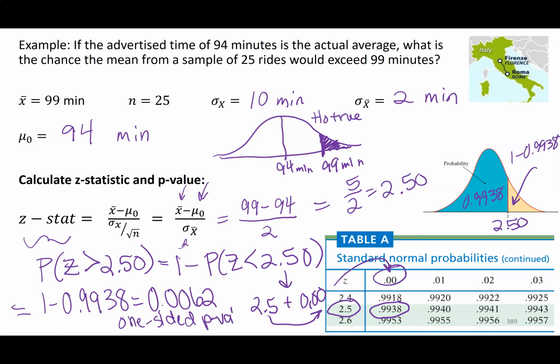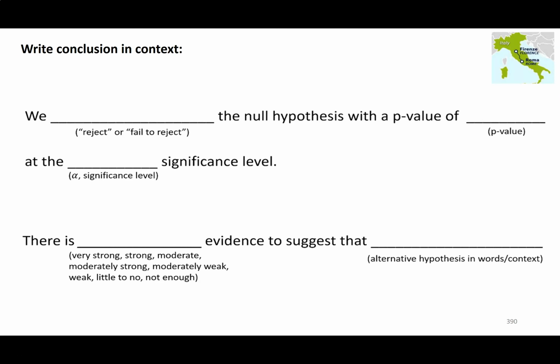And this is my one-sided p-value. Since I'm doing a one-sided test, this is good. This is what I want. So looking here, that's a pretty small p-value. In general, anything that's smaller than 0.01 is considered pretty small most of the time. So right here, 0.05 is the significance level.